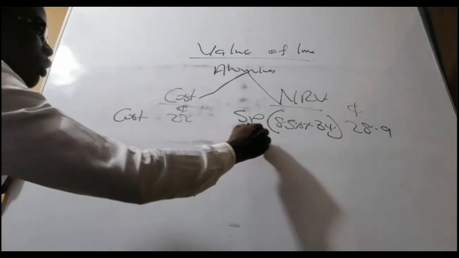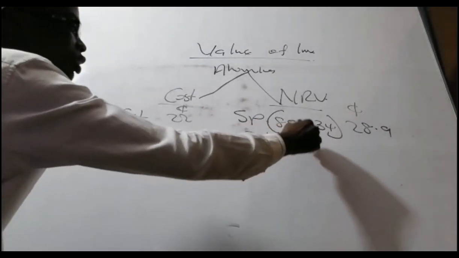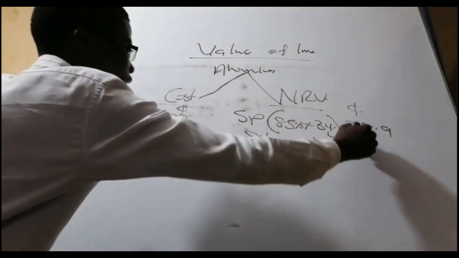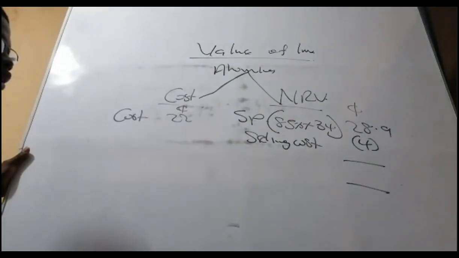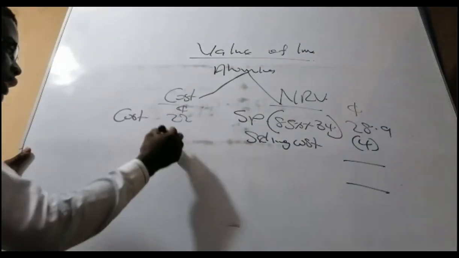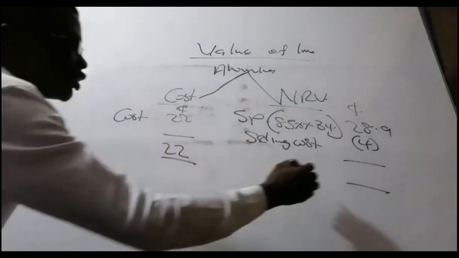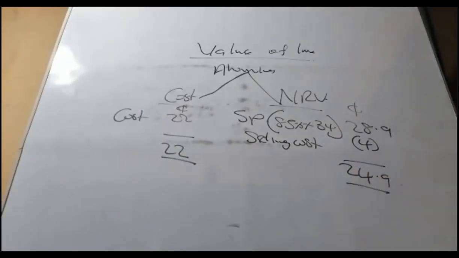So the selling cost is 4 Ghana cedis, and you put it in brackets. So here's 22. Have you seen how smart the game will be? So nice like this, you are done.